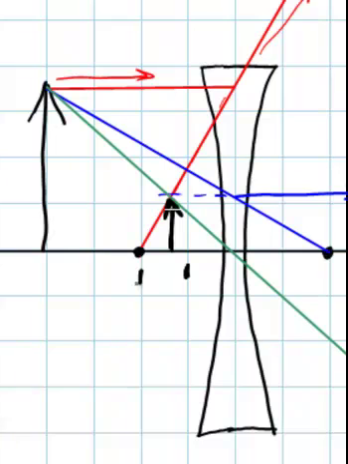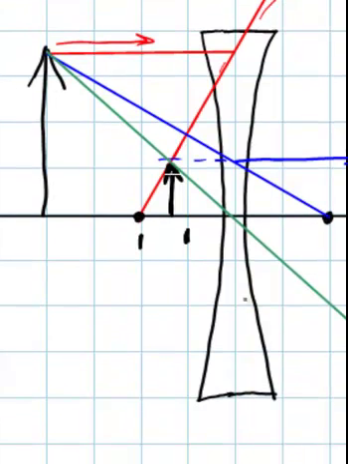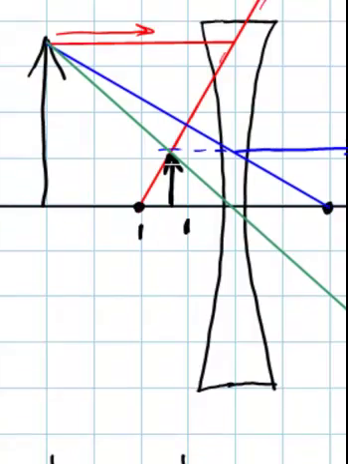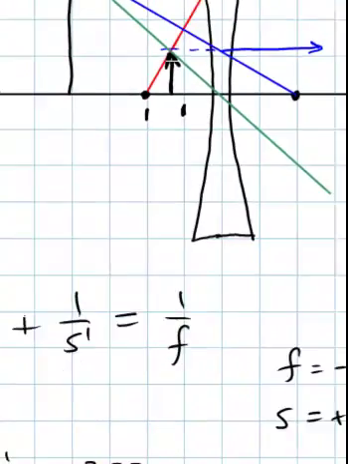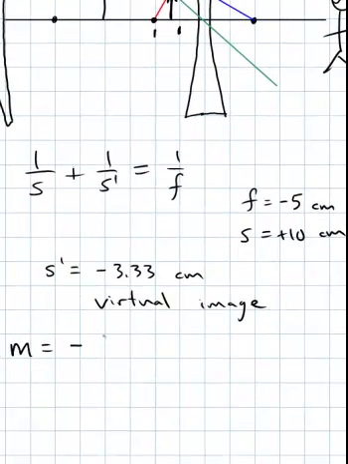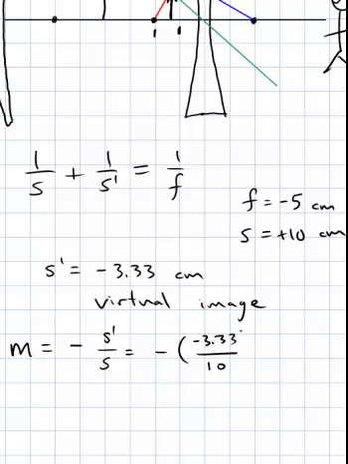And let's see about the height now. We expect the height of our image to be much smaller than the height of our object. And let's see what it is. We have to look at the magnification. Magnification is negative S prime over S. And I came up with positive 1/3, 0.333. And the magnification is also equal to the final height of our image over the height of our object.